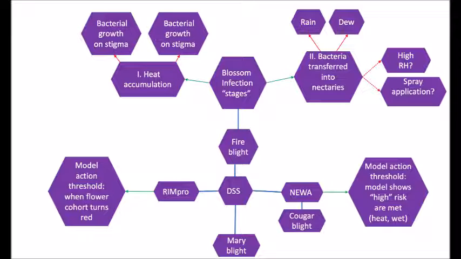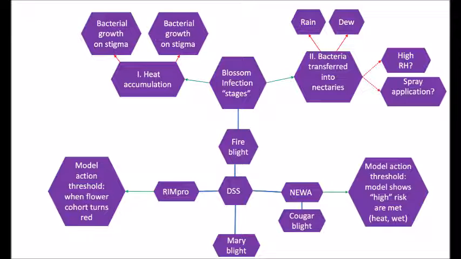I think that's fairly true in terms of the Cougar Blight and the Mary Blight. It's really hard to validate, as I'm sure you know as well as any of us, the models as it relates to Fireblight, because how do you show it? How do you vet it? I'm partial to RIMpro. I feel like I have a better handle on its output and what it's saying.